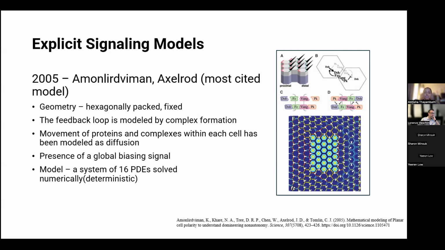However, there is a global biasing signal that is required to align the orientation along the proximal distal axis. So this model reproduces the known PCP phenotypes and establishes the feasibility of the biological model based on feedback interactions between proteins that are localized inside each cell. However, the model assumes some sort of a pre-pattern and does not explain how each cell in the tissue initially becomes polarized.